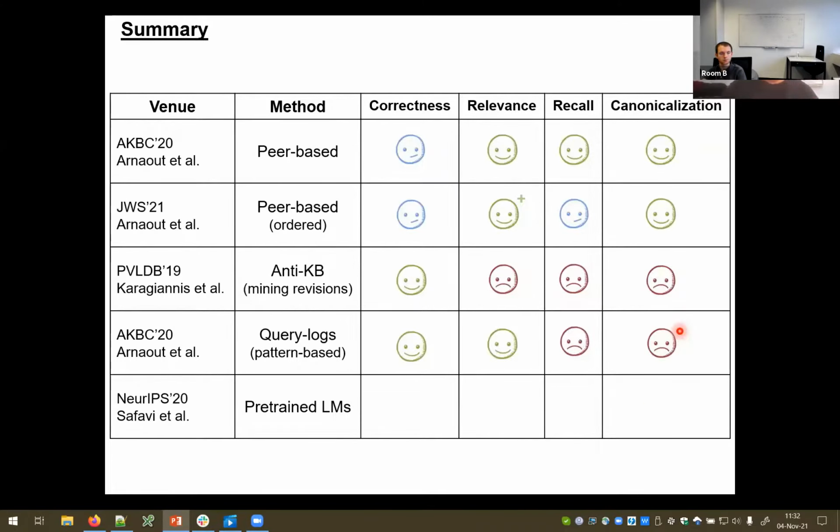And the last one is the common sense using pre-trained language models. So inferring common sense negations using pre-trained language models. The correctness is questionable. It depends on whether this specific language model is a good source of knowledge or not. So it could be good. Relevance is high because usually finding the contradiction between the truth and the corrupted statement is very good, regardless of its correctness.